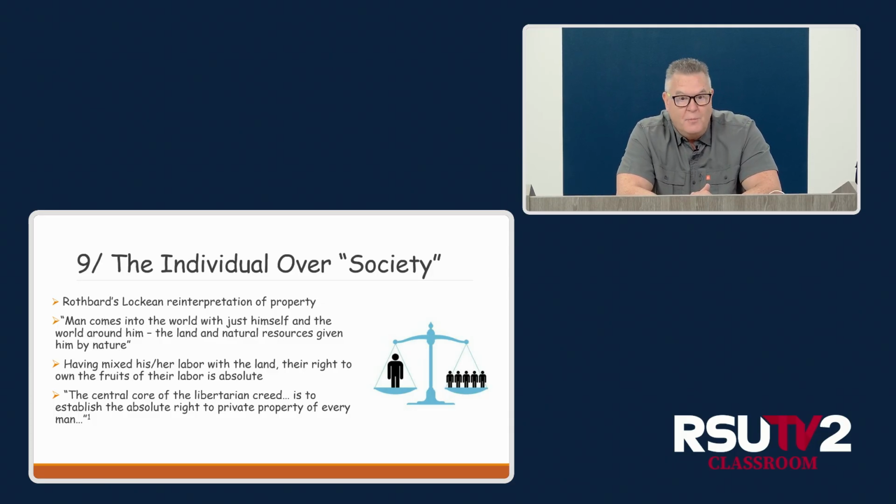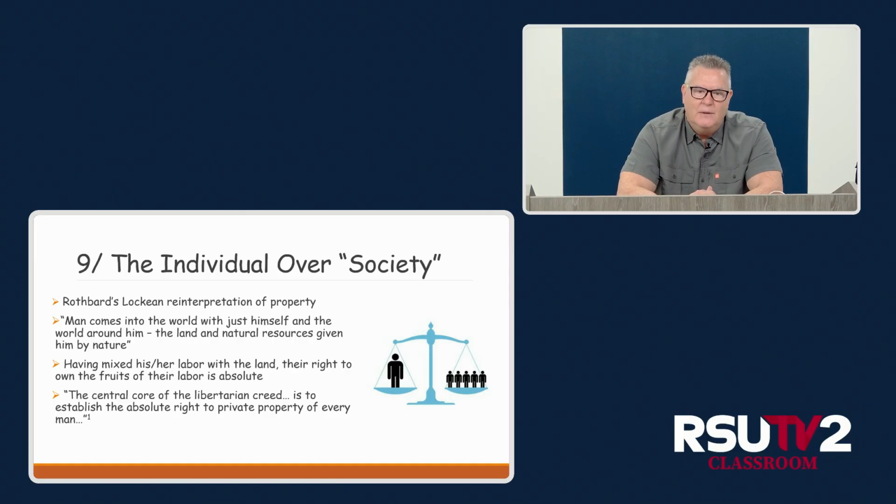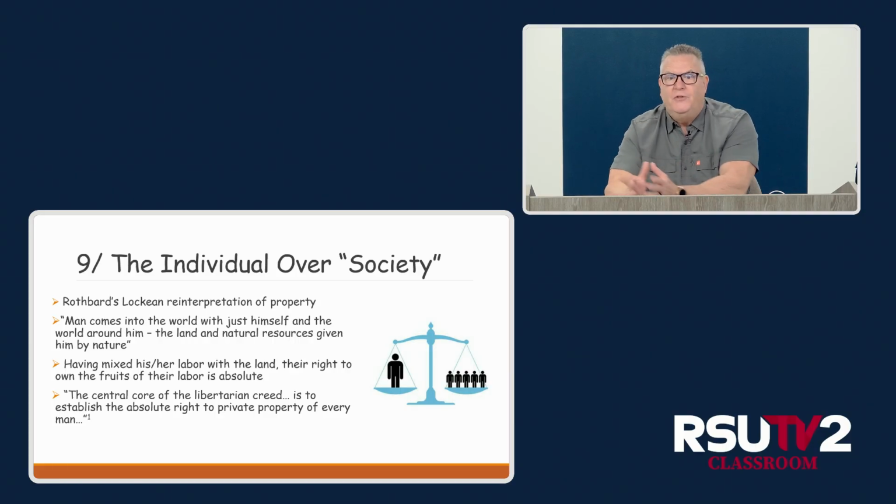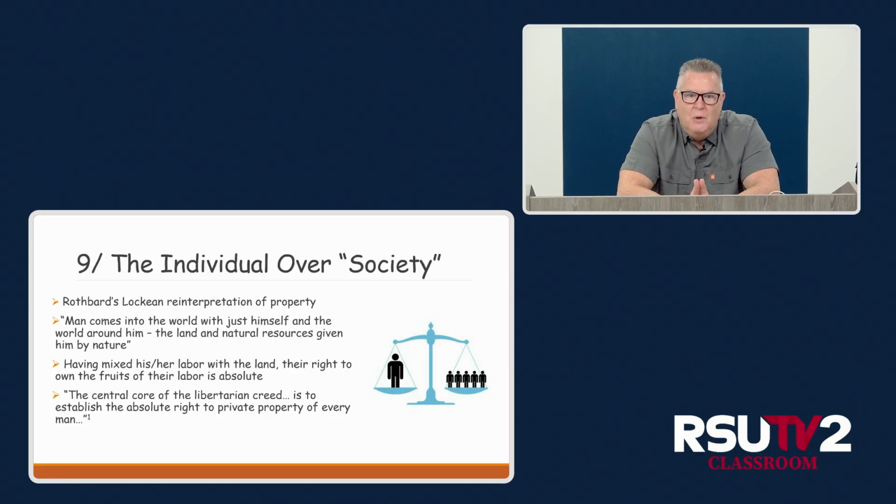For Murray Rothbard, and to a lesser extent for Nozick and for Rand, the state itself is an offense. The state itself is a moral blight on society, which, again, is the partial truth that a lot of cranks and conspiracy theorists rely upon. Government can do enormous bad.